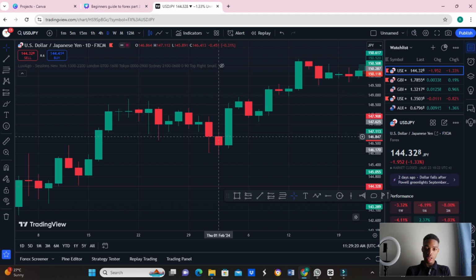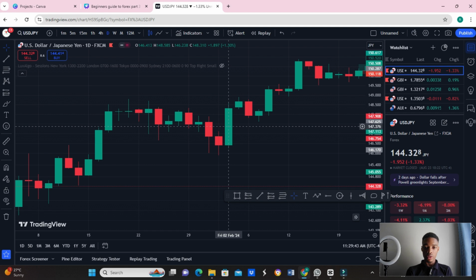So we're seeing our price open for that day at 146.847, and our wick right here, this top, represents the highest point at which price traded for that specific day, which is 147.103. Alright, so that is our bearish candlestick.